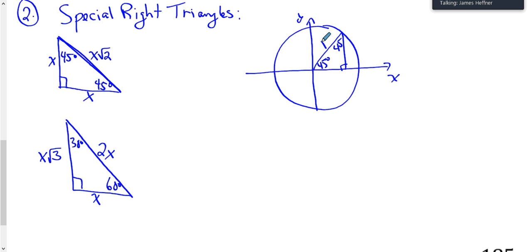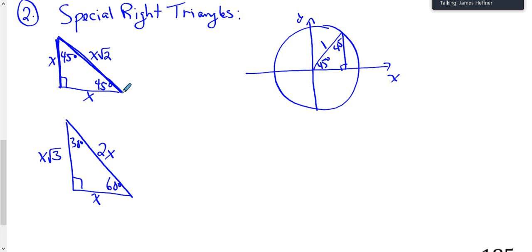Now, if the hypotenuse is 1, what is the length of everything else? The length would be just x.